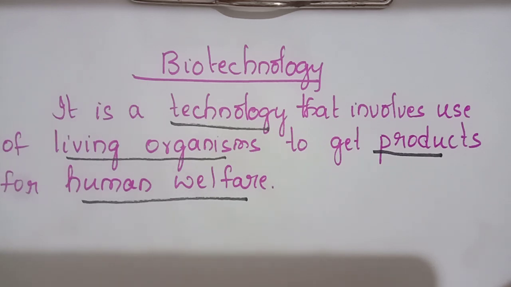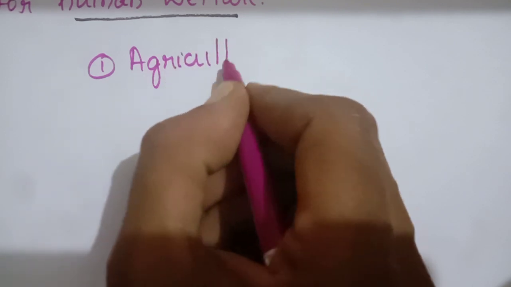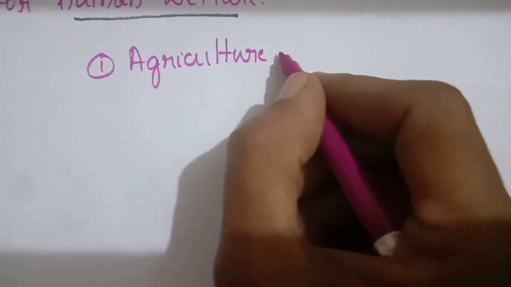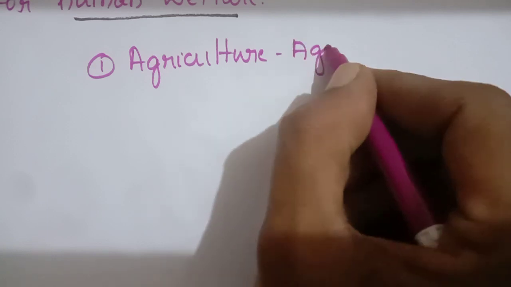The products of biotechnology can be used in any field. For example, biotechnology gives products that are useful for agriculture, and this falls under agricultural biotechnology.